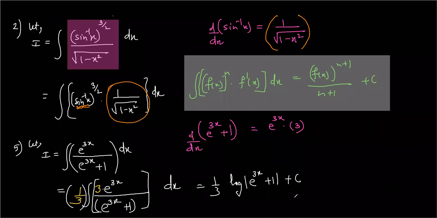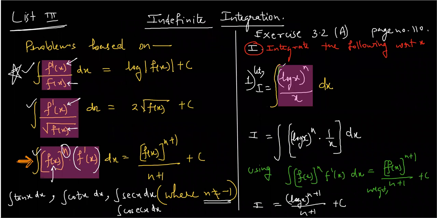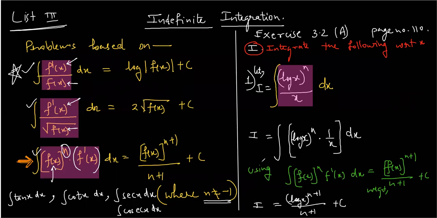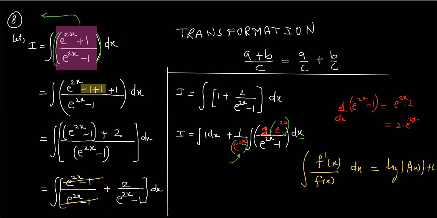Now here in this, the one that you integrated, why integrate? Take it out. This is not done, my dear students. It is against the rule. You cannot take any function of x outside the integral sign. Yes, you can take a constant outside the integral sign. That is allowed.